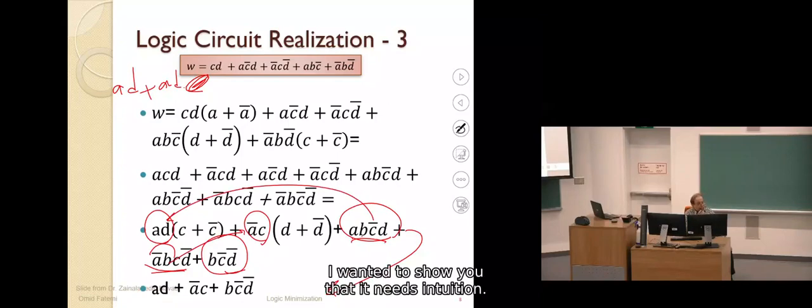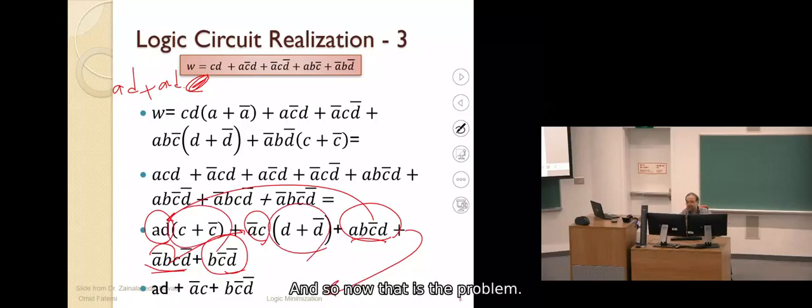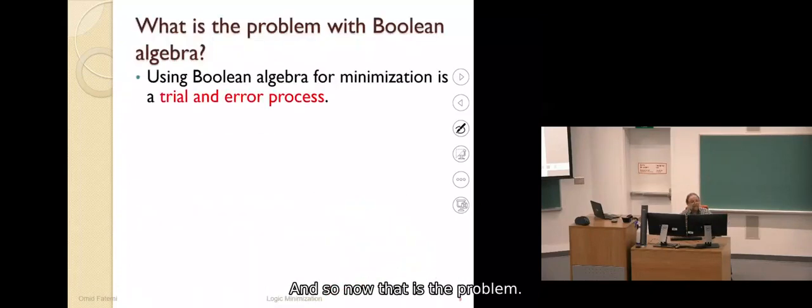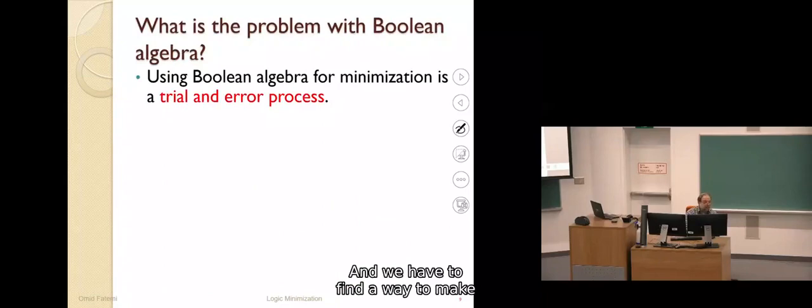I wanted to show you that it needs intuition. There was no systematic method that you could do. So it was some kind of luck. Maybe if you could add this to that, and so on. Now, that is the problem. We have to find a way to make a systematic method. So using Boolean algebra is some kind of trial and error.